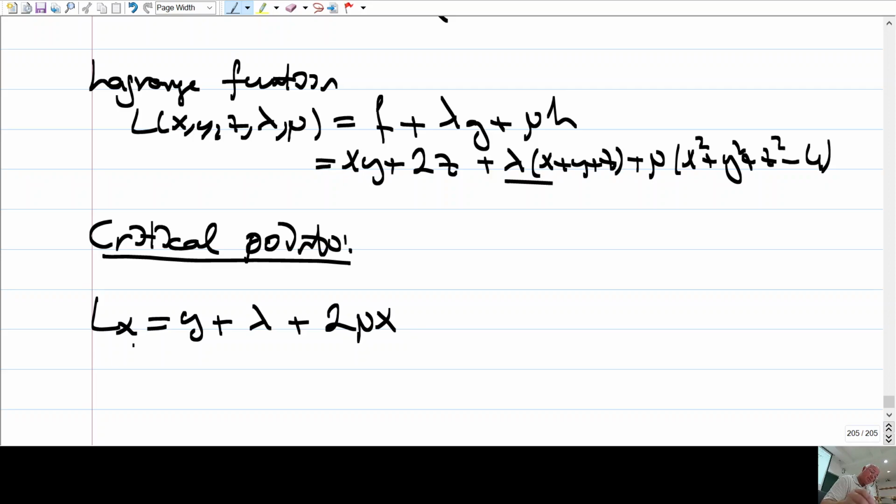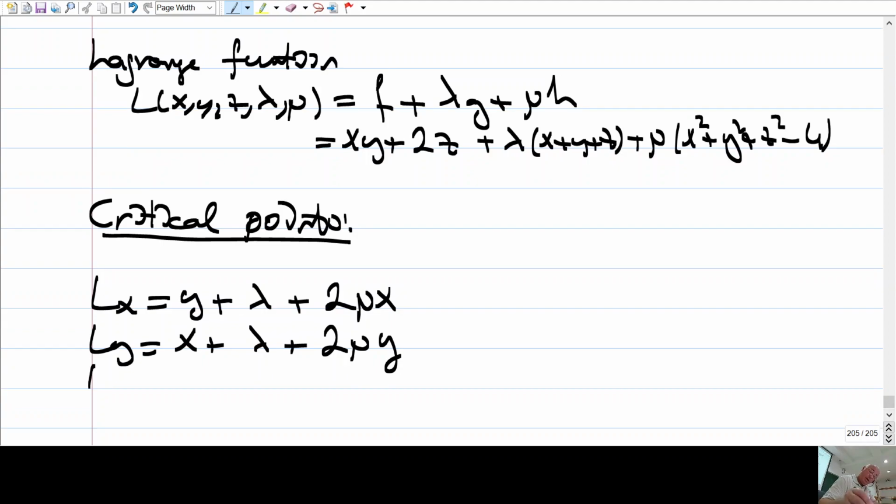This is Lx. What about Ly? Ly is x plus lambda plus 2 mu y. Lz is 2 plus lambda plus 2 mu z.